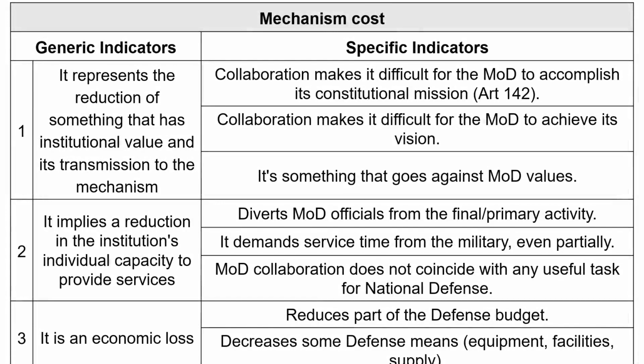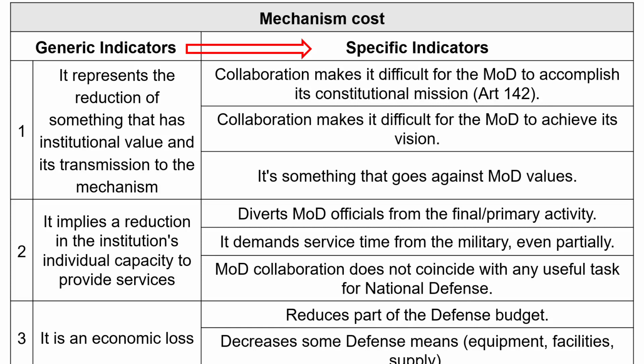Okay, and transitioning from generic to specific indicators. For the first indicator, which means reduction of something that has institutional value, one indicator is if the collaboration makes it difficult for the MOD to accomplish its constitutional mission.